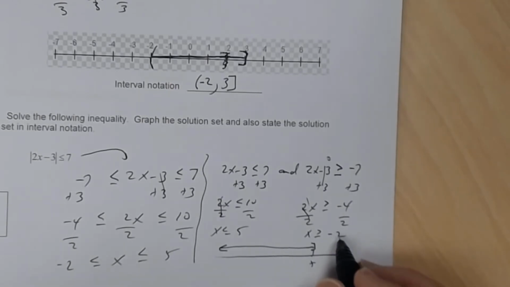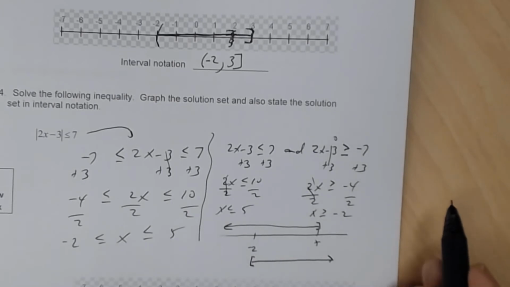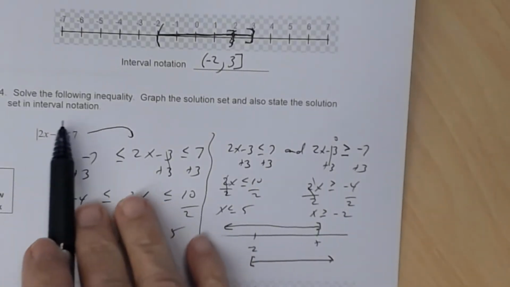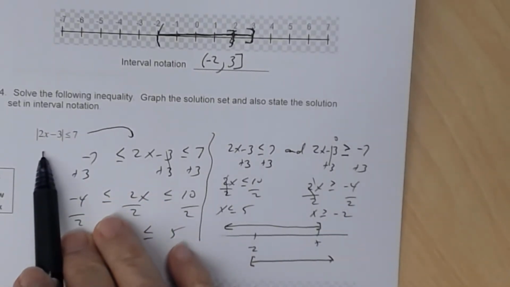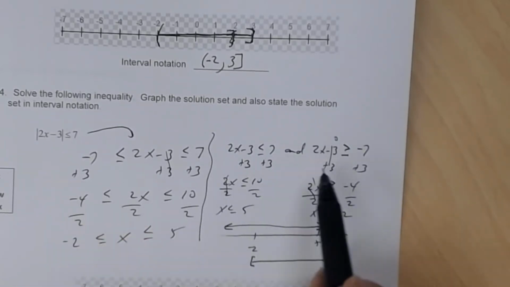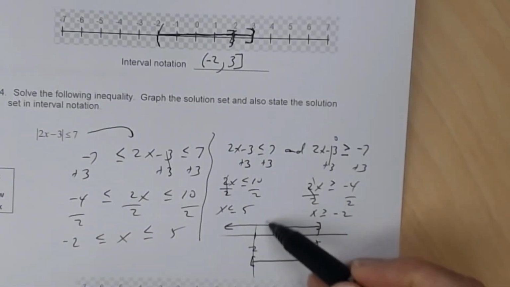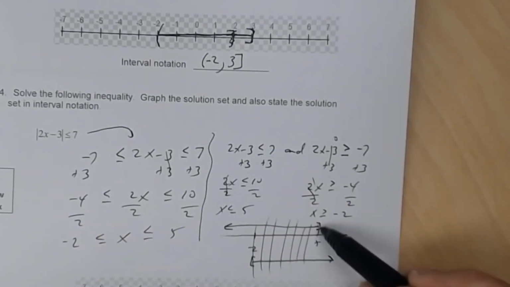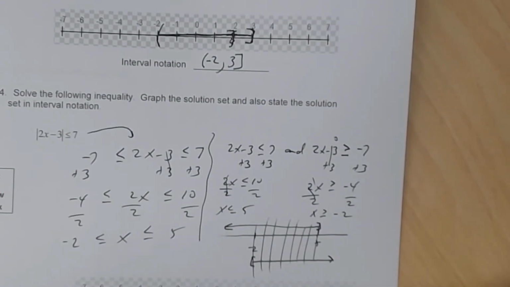The solution to this inequality right here would be any number that's greater than negative 2. But I want to find the solution to the original inequality. The solution to the original inequality, remember that's an and statement, is the intersection of those two. Where do the two graphs overlap? So that's the solution.